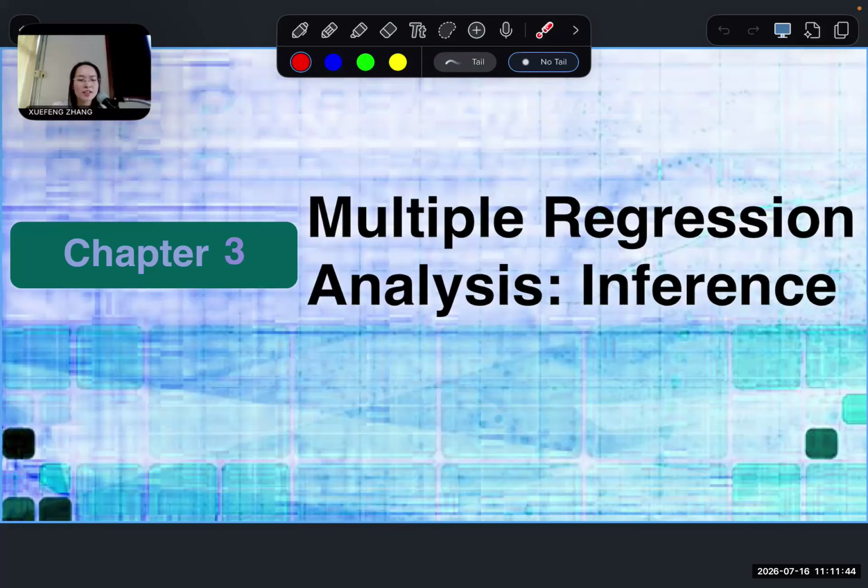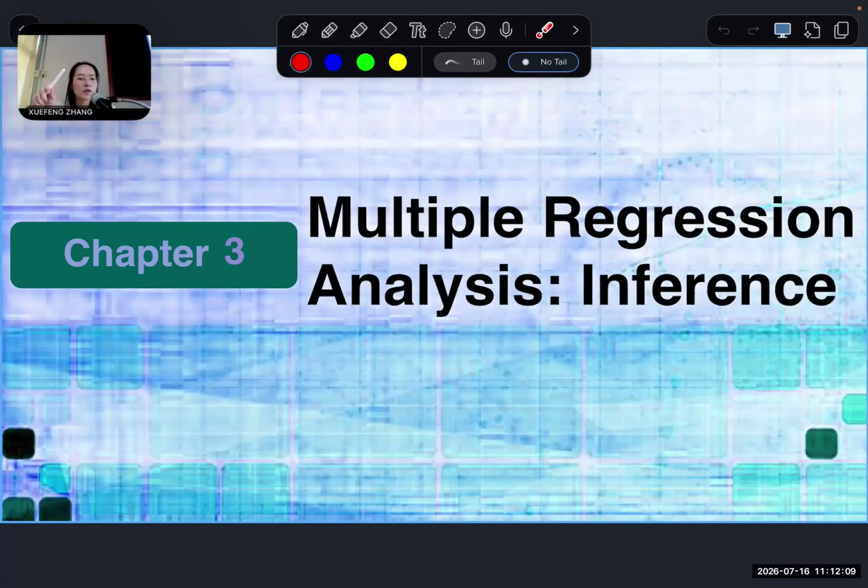But here is the problem. Our sample is just one sample. If we took a different group of people, we'd get a slightly different beta hat. Think about all of you guys, okay? You started with the same question, but each of you collected different data.